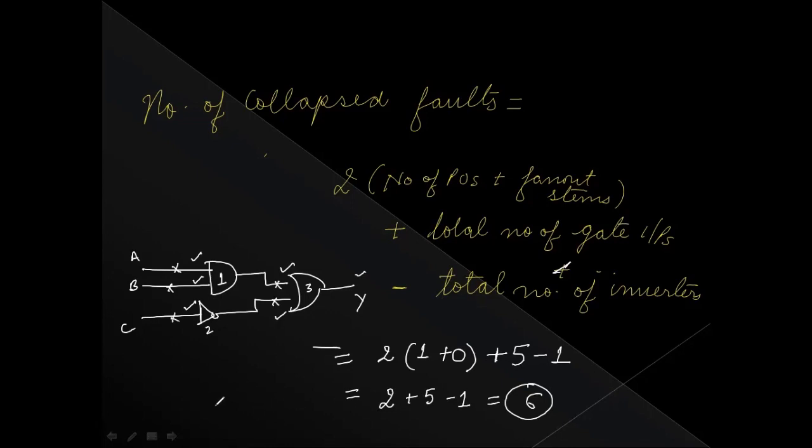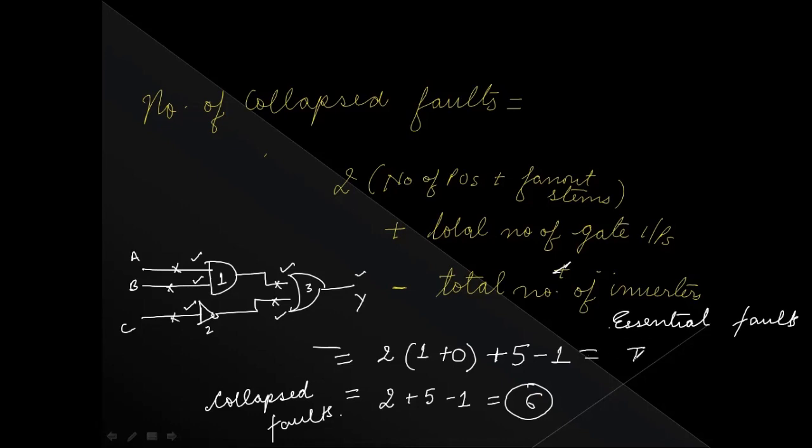Okay. So this gives me the collapsed faults. So what are the remaining or the essential faults, I should say, after collapsing?